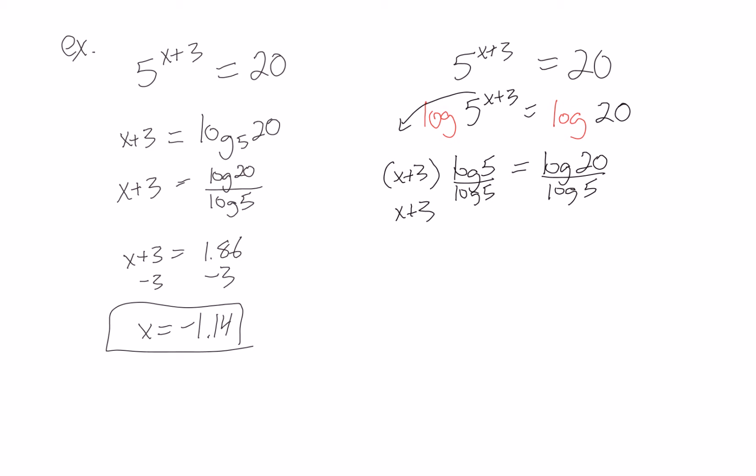So that'll give us x plus 3 equals log 20 over log 5, which from there is exactly the same as what we had previously. So I won't bother solving the rest because it would be identical. So it's just a different way of approaching it. Instead of switching it using the log conversion formula, just do the log of both sides and then bring the exponents down and solve it that way.